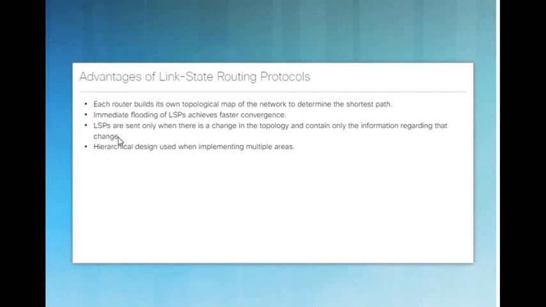LSPs are only sent when there is a change in the topology and contain only the information regarding that change. It doesn't necessarily contain the entire routing table, only the affected network information.